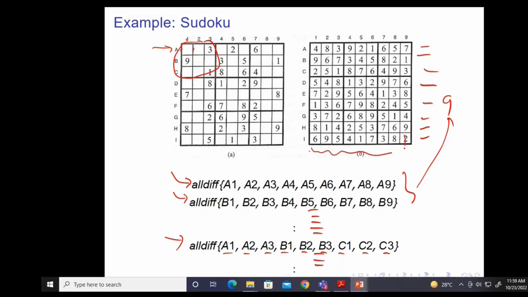Similarly, in this particular direction, also 9 equations would be there. So 9 plus 9 plus 9 for every square, that is 27 constraints I have to write.